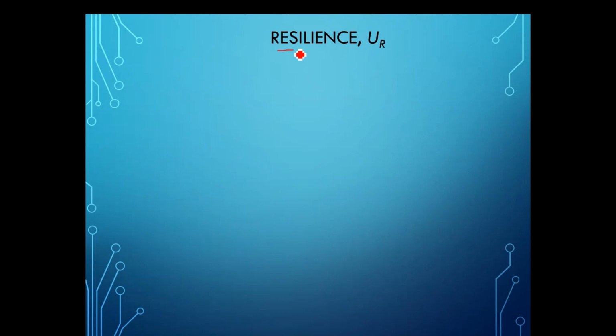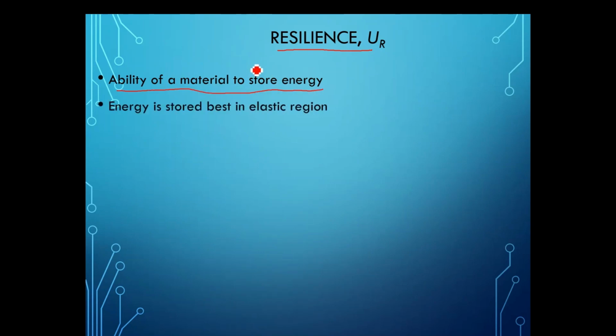The term resilience. How do you define the term resilience? It is the ability of a material to store energy. And when I say store energy, it is specifically referring to the energy stored within the elastic region.